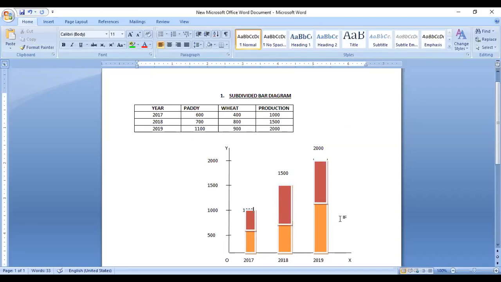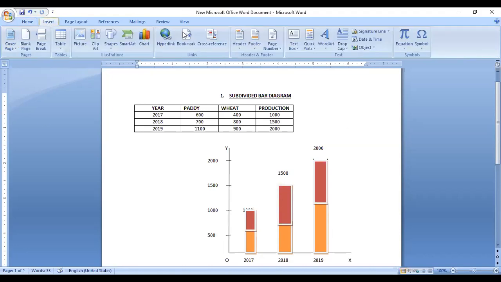So like this, and again you have to indicate the colors.